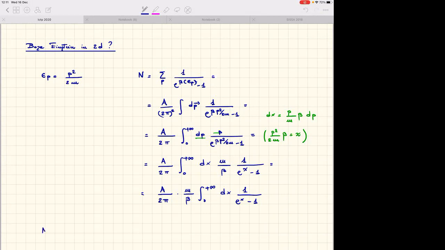So this is n equal to A over 2 pi kBT times m times this integral.